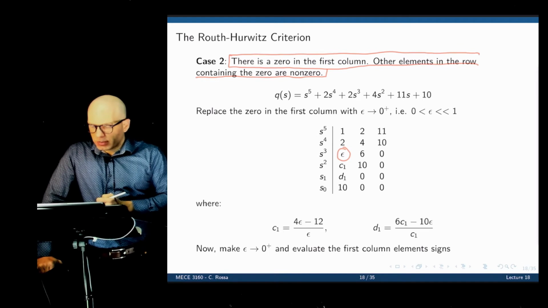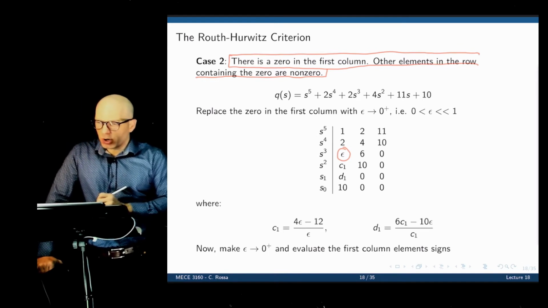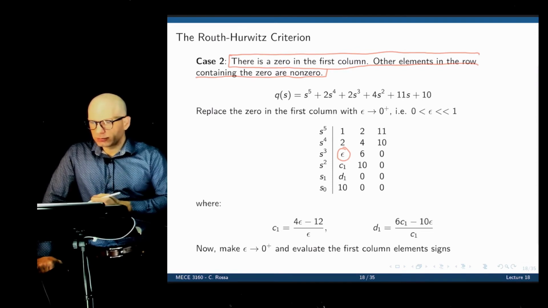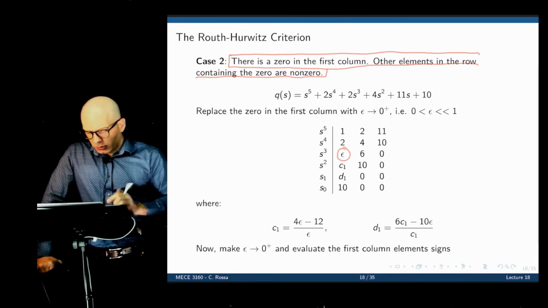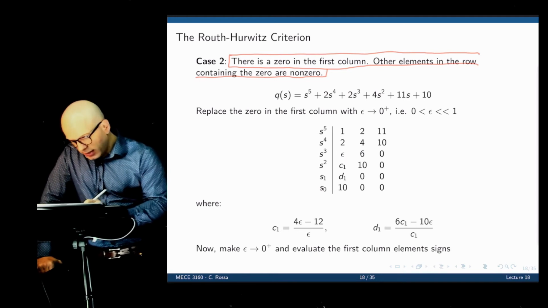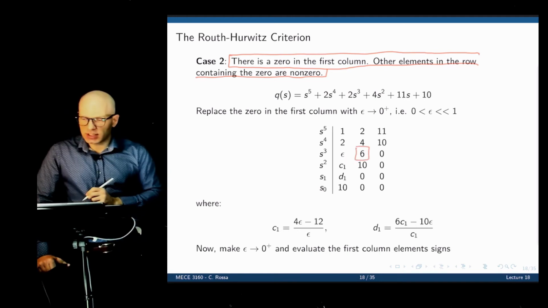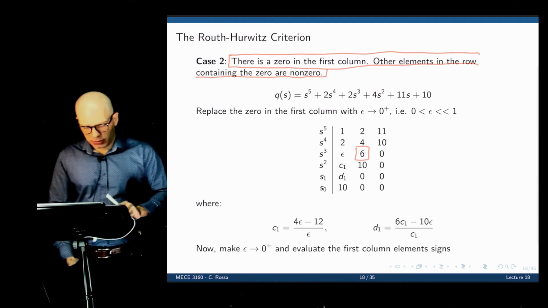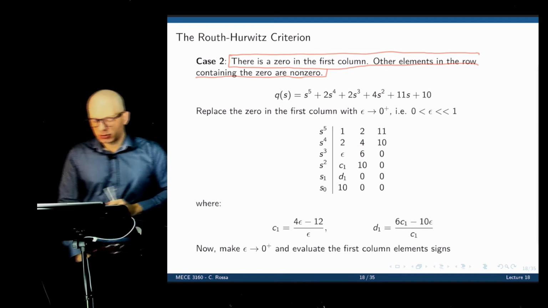This would create a problem because when you calculate C1, we would be dividing by -0, and then it blows to infinity. You also notice that just next to the 0 there is a number 6, so the elements there are not all 0. There is something that is not 0 there. That's what characterizes case number 2.